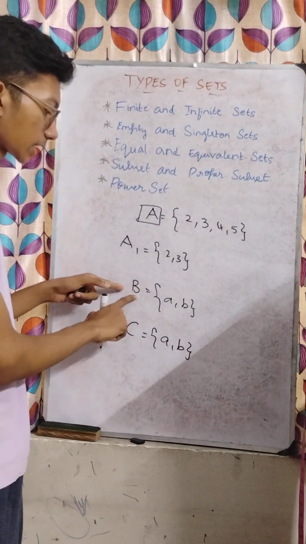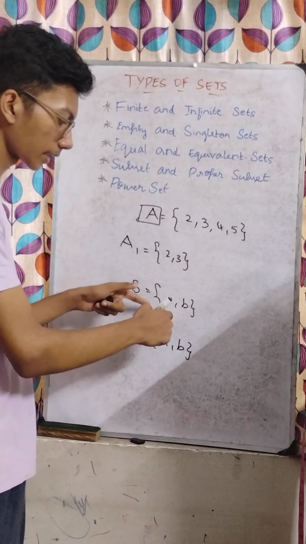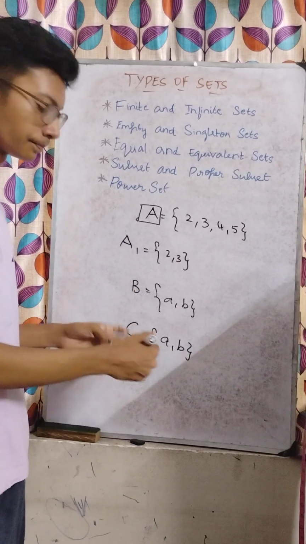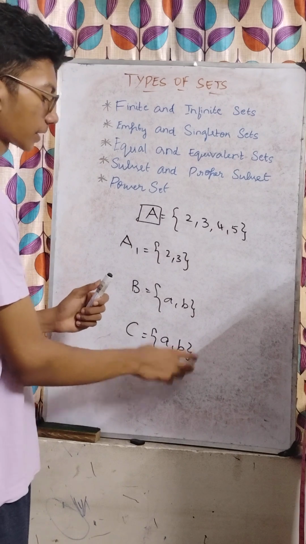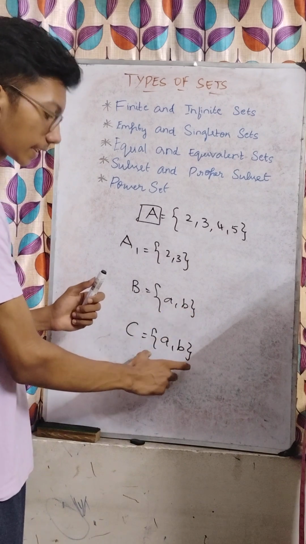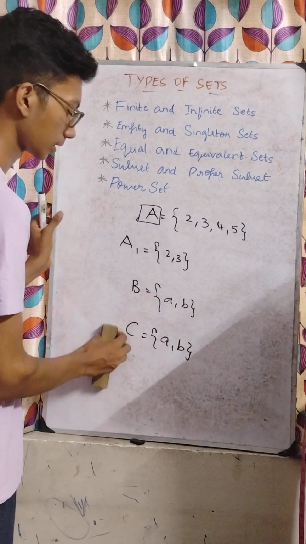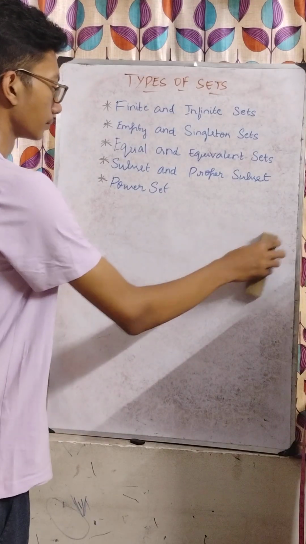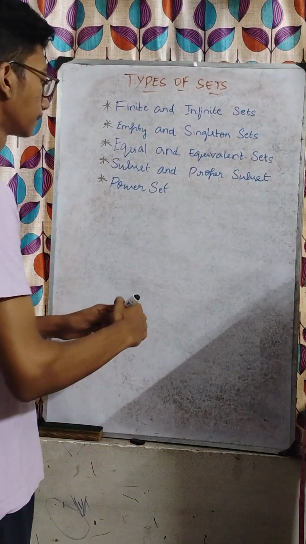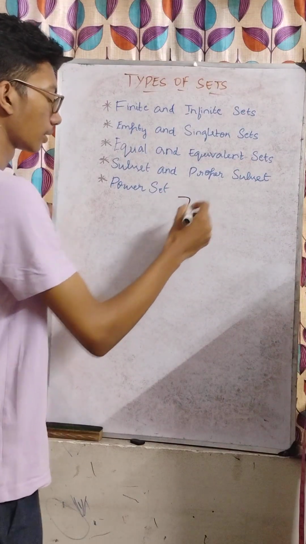Now C is not a proper subset of B because it contains all the elements of B, but it is a subset of B. So that's the difference.